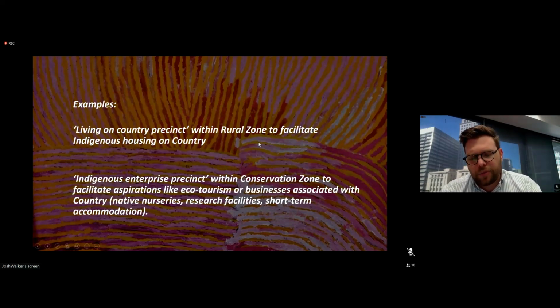But again, sometimes these approaches are actually more complicated than they need to be. Instead of adding additional layers on, you can work within the parameters of what's already provided for. And I think that also comes back to the point that we raised right back at the start, where someone said, is there going to be a new zone developed? And I guess the response to that is, do you really need a new zone, or can you work within the existing zones that are there and adapt overall outcomes to fit within that?